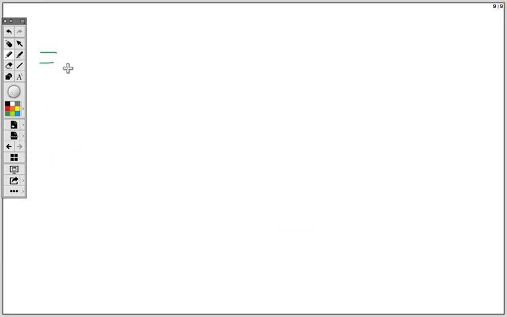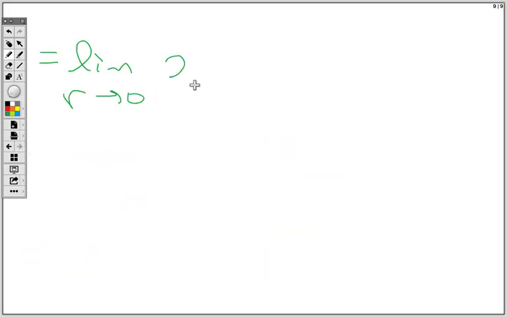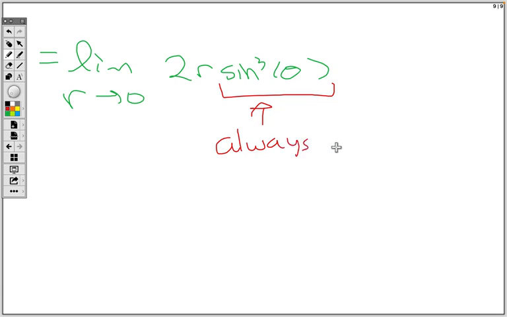So this would be the limit as r goes to 0 of 2r sine cubed theta. And this is where we have to make a little caveat, right? No matter what angle we pick for theta, sine theta is continuous. This always exists as a real number.